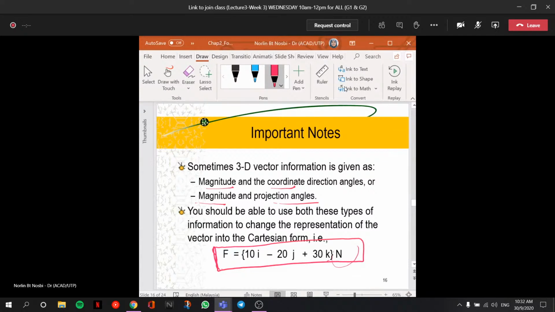Force is a vector, so you just write it as F equals something I, J, K, and don't forget the unit, Newton. This is an example of the Cartesian vector form in a real situation. Okay, now let us look at example 1.